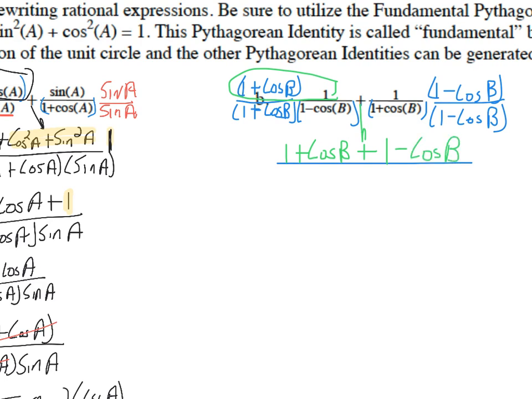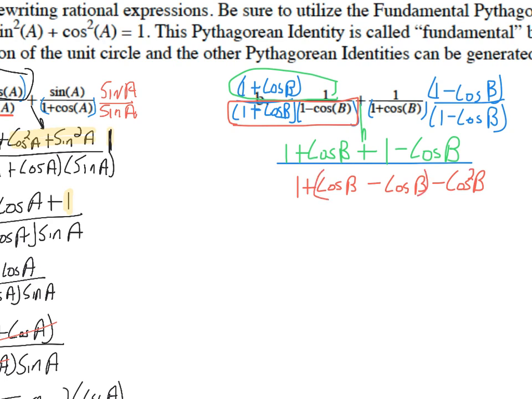In my denominator, if I multiply these together, my denominator looks like this. 1 plus cosine b minus cosine b minus cosine squared b.